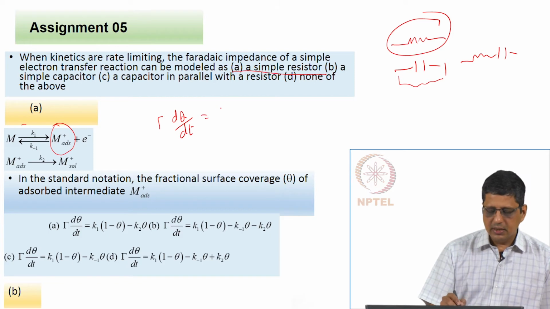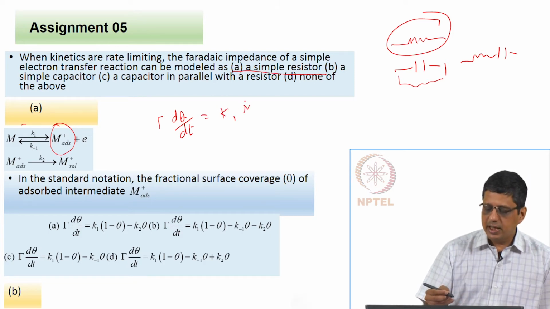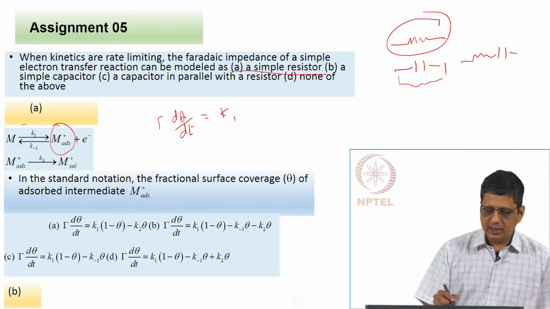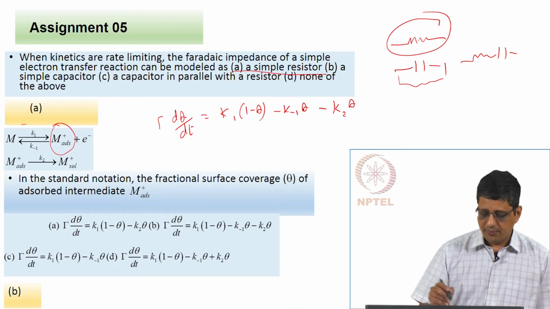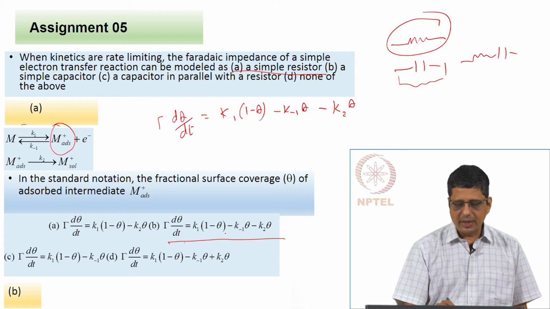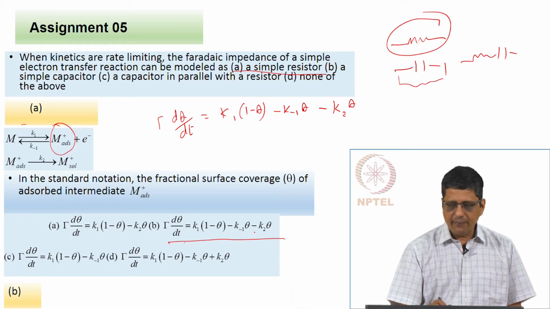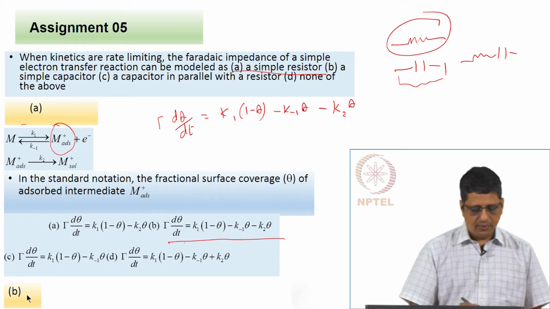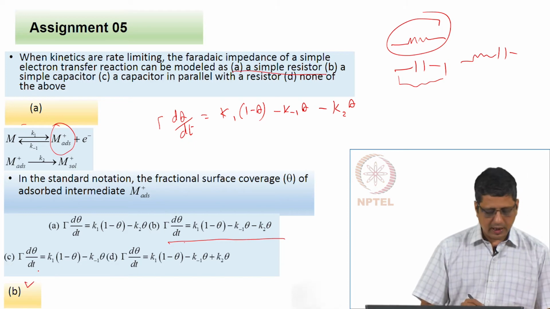So, this forward reaction forms the species M plus adsorbed, the reverse reaction consumes it, and the second reaction also consumes it. So, we should write gamma d theta by dt equals k1 into 1 minus theta, minus k minus 1 theta, minus k2 theta. B is the correct choice.